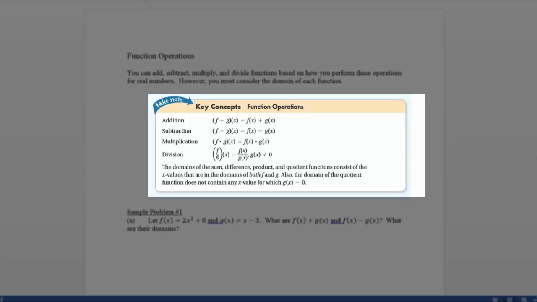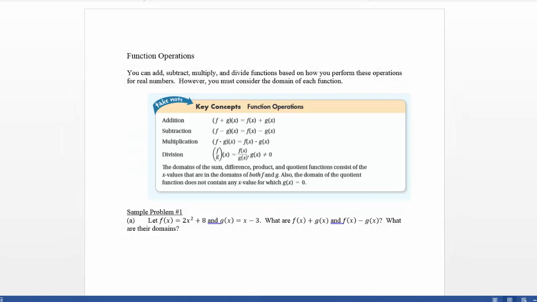So if you look at the addition, you can see f plus g of x means the same thing as f of x plus g of x. Generally speaking, I tend to write it in the manner which you see on the right side. However, I do want you to be familiar with the left side notation. So just make a mental note of what's in that key concept box.